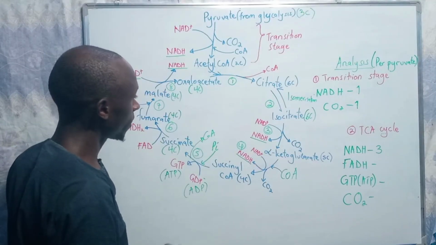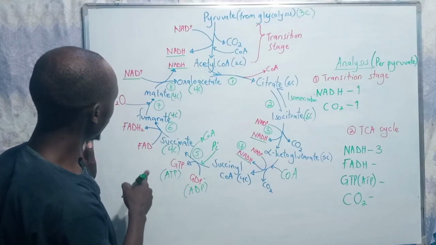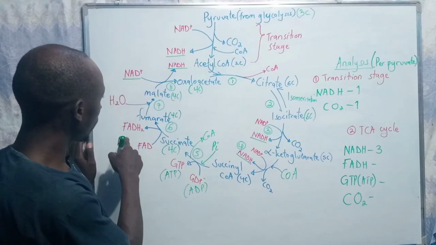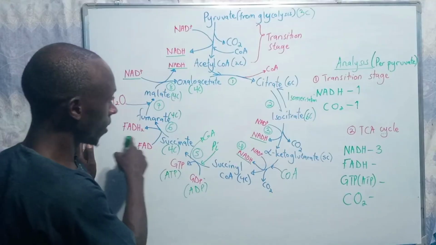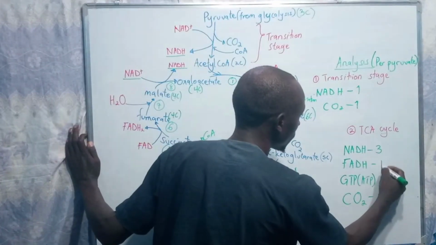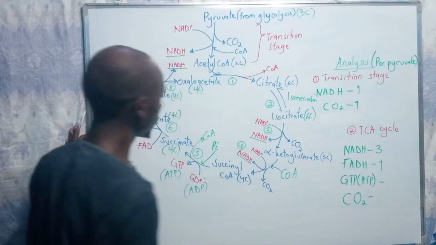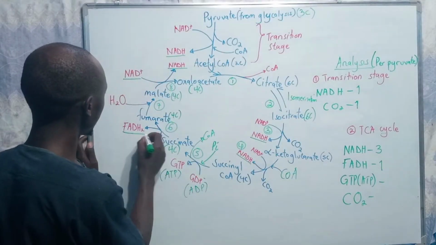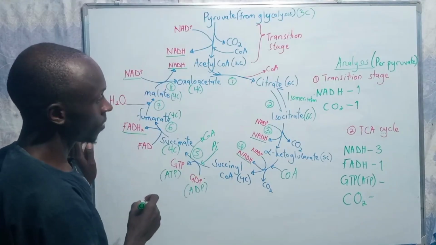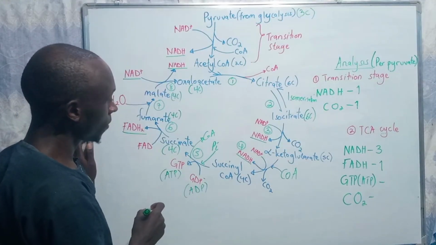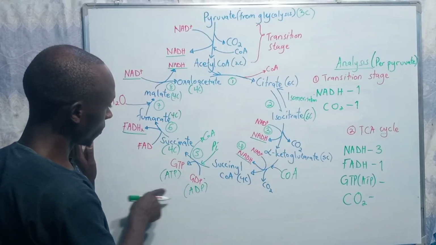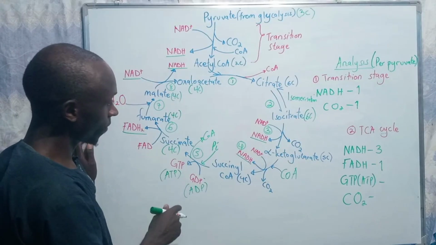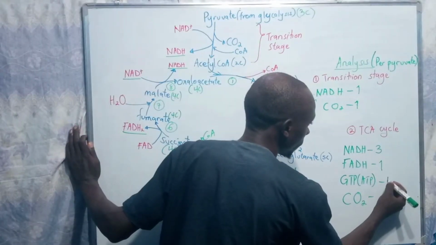So we can go to reduced FAD. Reduced FAD, of course, we have only realized being formed in stage number 6, and it is only one. Then GTP or ATP, we have seen it being formed only once in stage number 5. So only once.